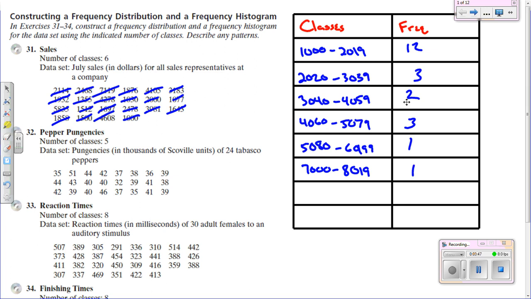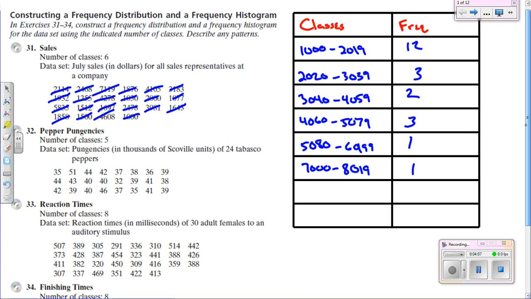Okay, so that should give us a total of 15, 17, 20, 22. Count these up over here: 4, 8, 16, 19, 22. So there we have it.